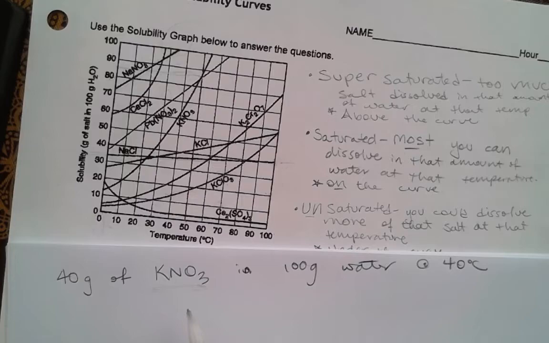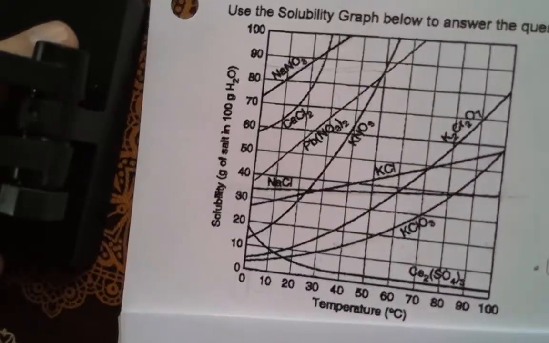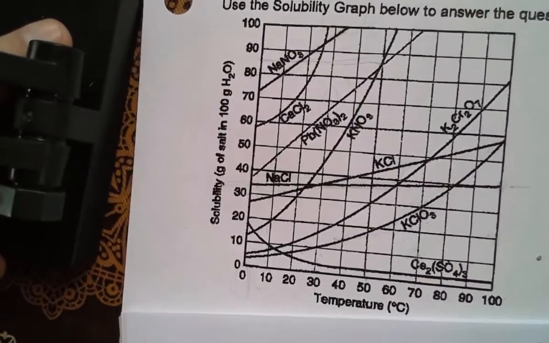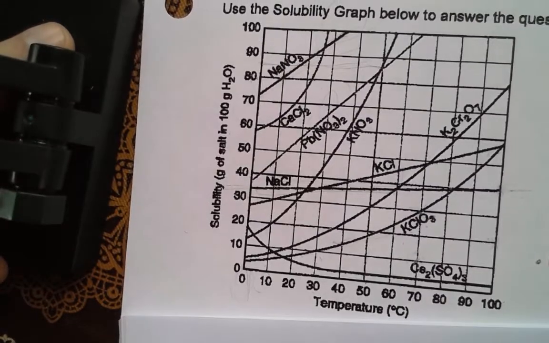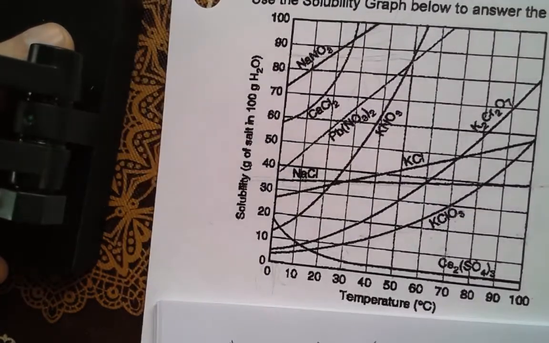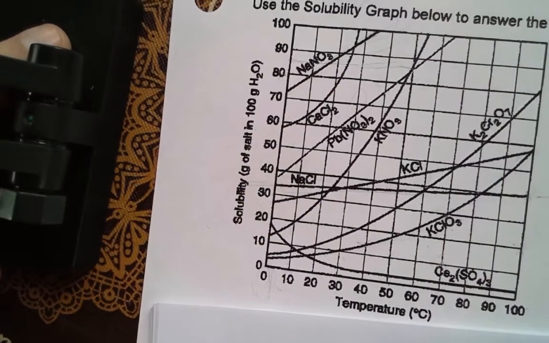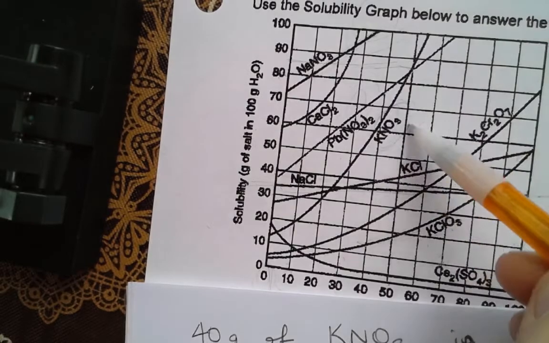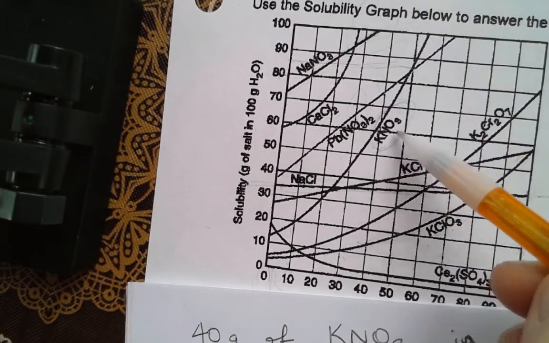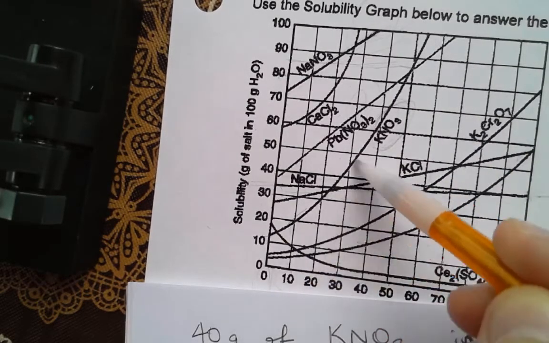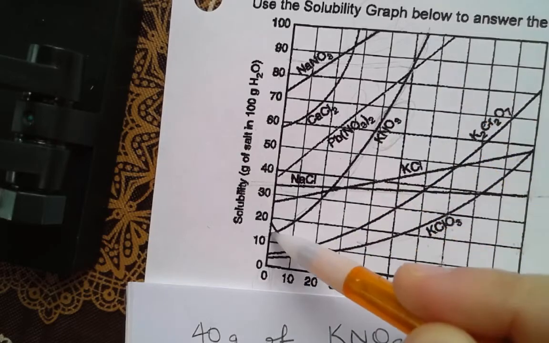Do you see a KNO3 in that graph? Yeah, but it doesn't fall on the line under 40. Oh, I think I get it now. So you found the KNO3. And so the KNO3 curve is that entire curve. That whole curve describes KNO3. Okay, so we found our curve. We want the KNO3.